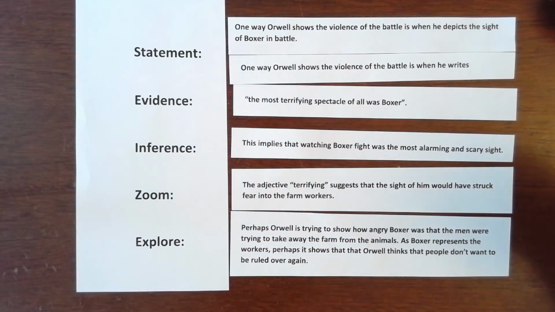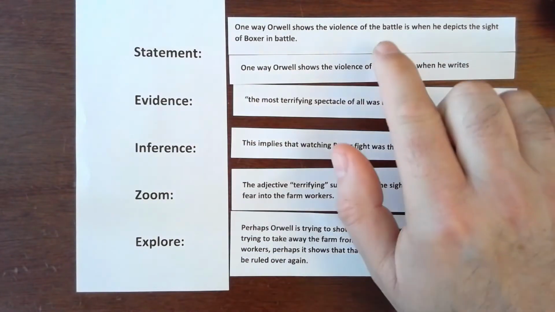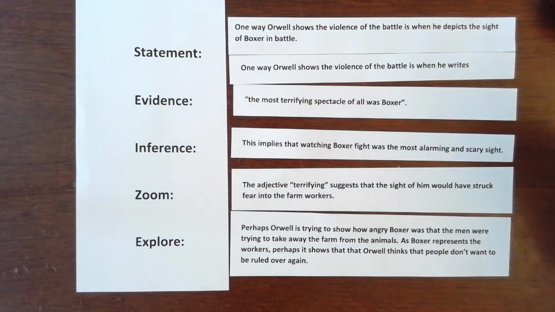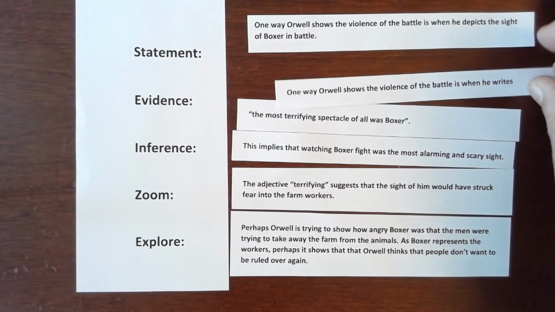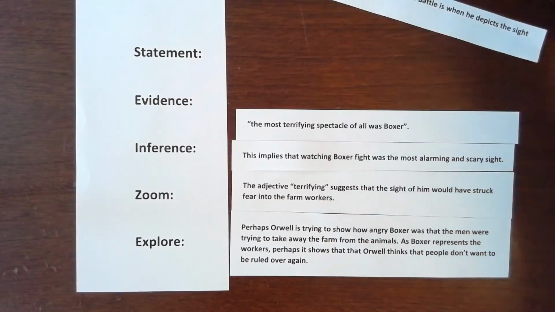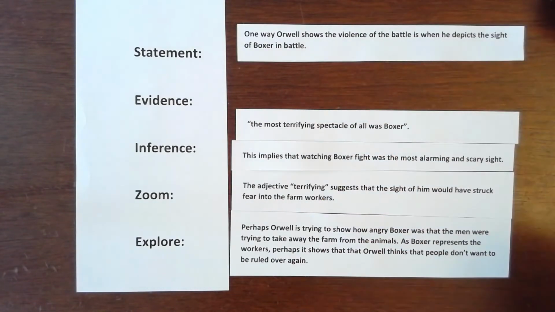Which part of the text am I going to be referring to? So one way Orwell shows the violence of the battle is when he depicts the sight of Boxer in battle. So I can get rid of this. I've got my new, slightly more specific statement here that is actually showing me which part of the text I'm looking at. And obviously I need my evidence.